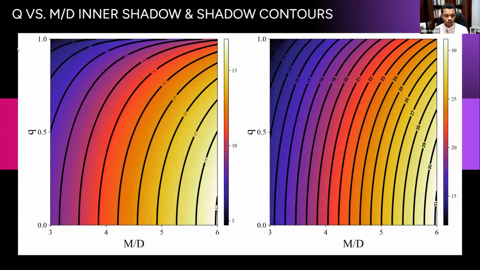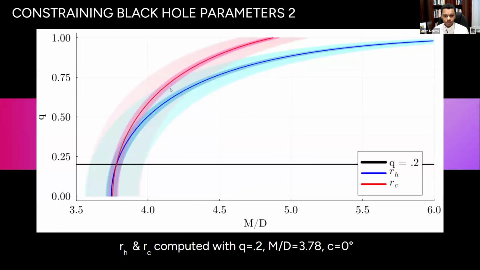Now, in the case of charge and mass to distance ratio, mass to distance ratio is something that will impact our perceived photon ring radius. And as such, we have two contour maps. On the left here, we have the inner shadow radii, and on the right, we have the photon ring radii. And so similarly, we can constrain the real physical parameters that produced both of these observations.